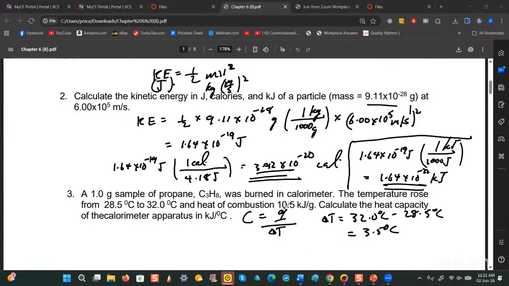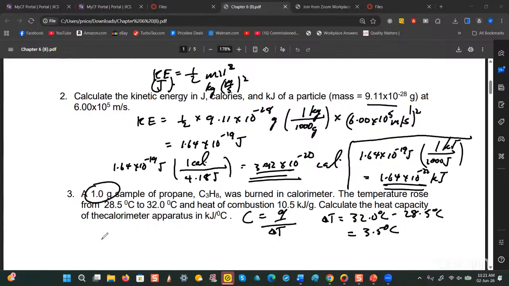Okay, now what we need to calculate in order to get C is find out what Q is, right? Now, in the case of Q, we're not given that directly, but what we're given is that the heat of combustion of propane is 10.5 kilojoules for every gram of propane, right?